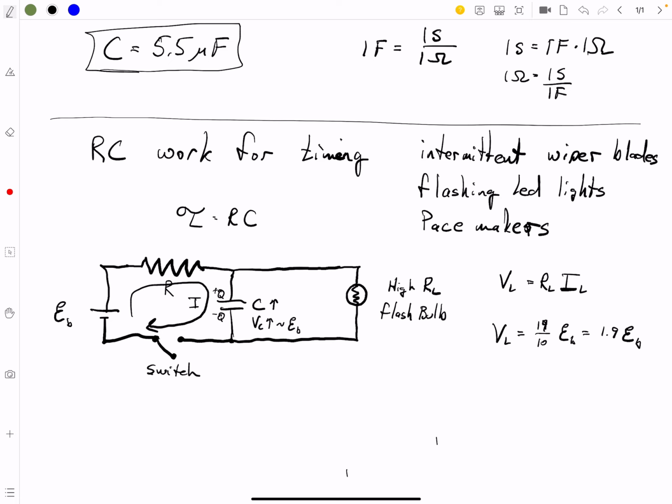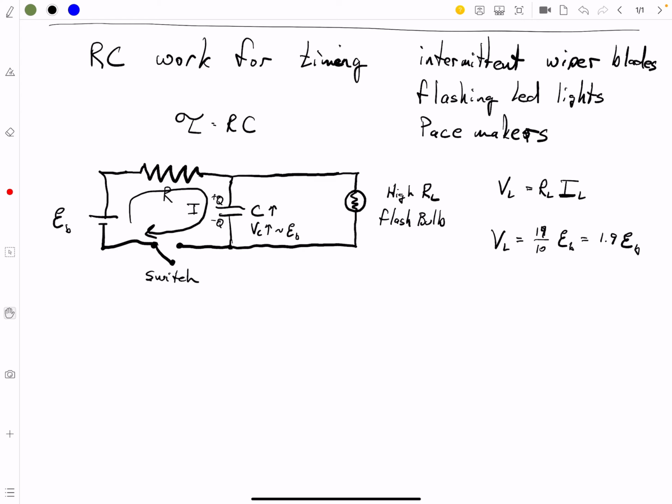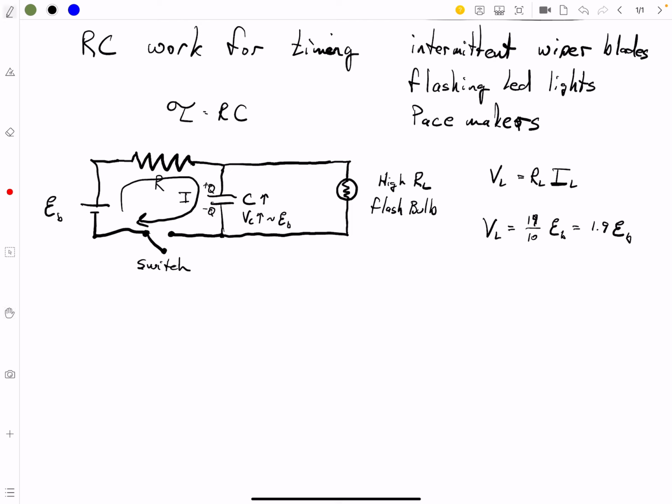So here's a picture of the graph of the voltage, VC, we've got two of our EMFs. First, what's going to happen, we're going to close the switch. The voltage is going to go up like this.